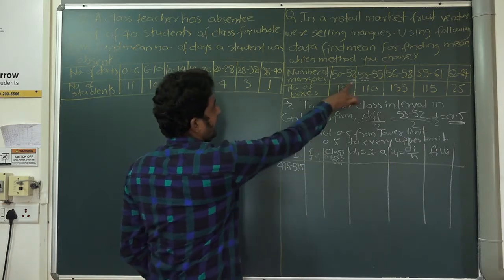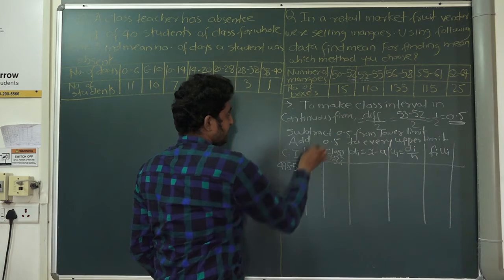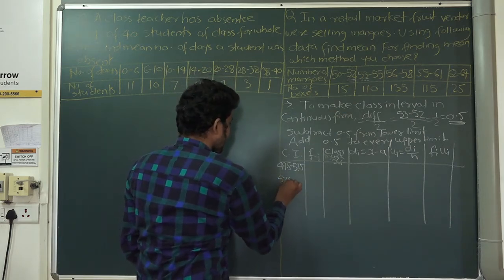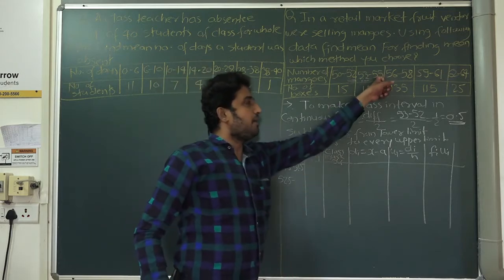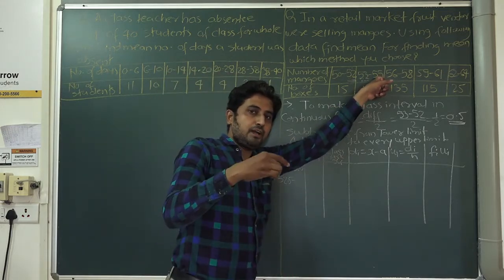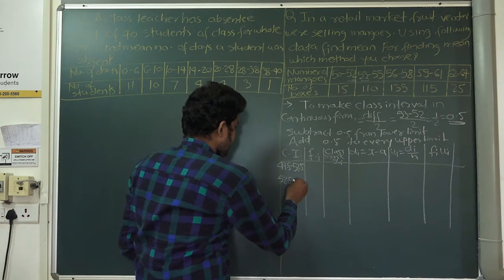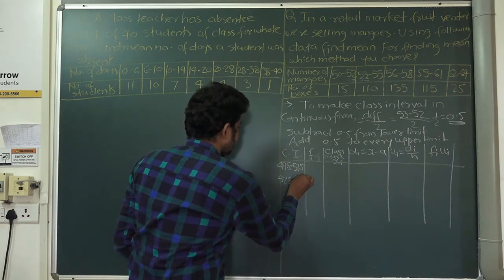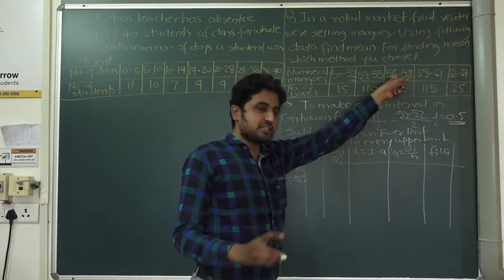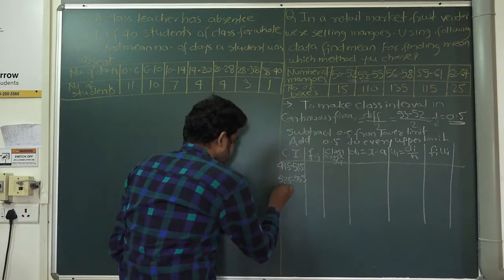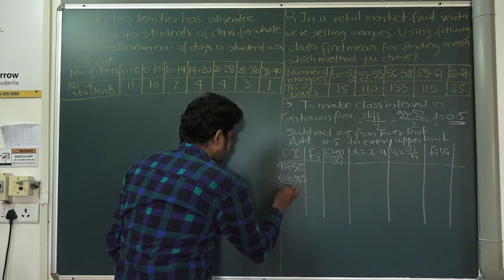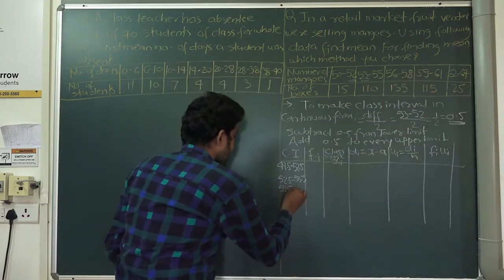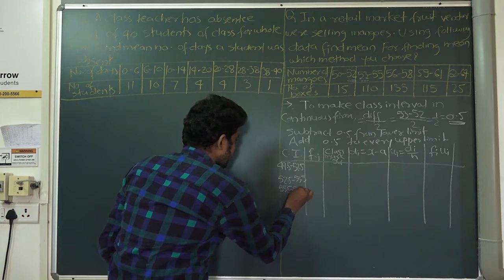Again, subtract 53 minus 0.5, that becomes 52.5. Add 0.5 to the upper limit, that is 55 plus 0.5, that becomes 55.5. Again, subtract 56 minus 0.5, that becomes 55.5. Add to the upper limit, that becomes 58.5.